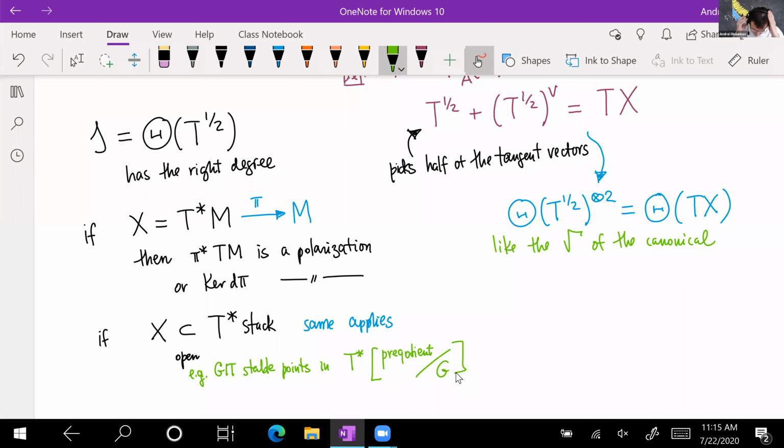So this is the case for all, and this covers Markov varieties. Most varieties we're going to come across in our world will have not just a polarization, but a natural polarization.